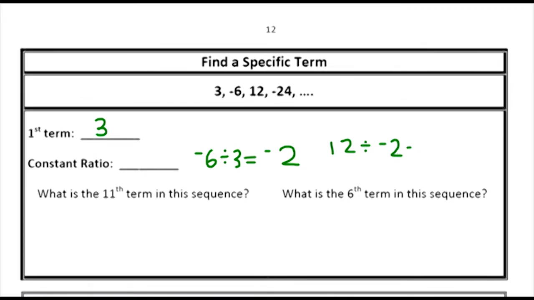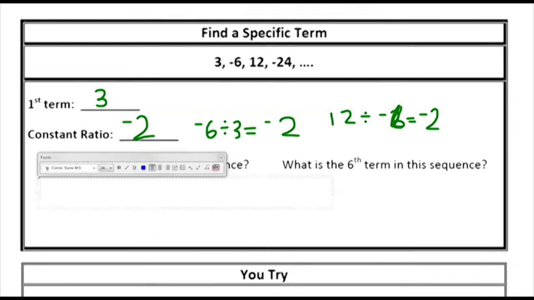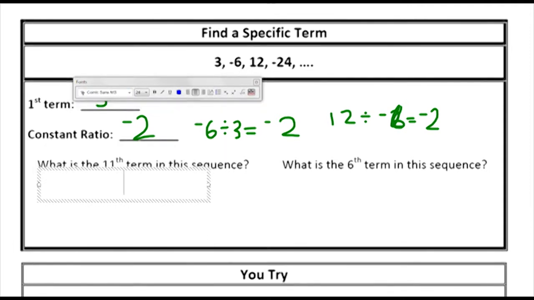Find the 11th term in the sequence. Anytime we use a formula, we take the time to type out the whole formula. We want to make sure that we know exactly which variables we are plugging in for. So I'm going to type out A times R, and on your calculator, you're going to find a button that looks like a little caret, to the n minus 1.